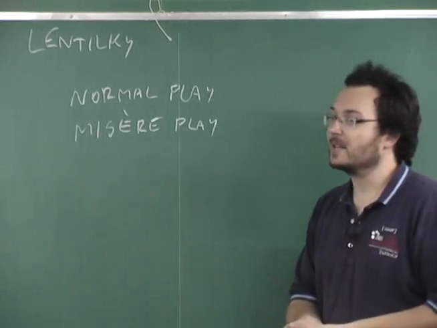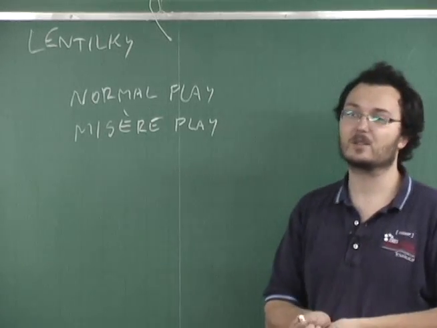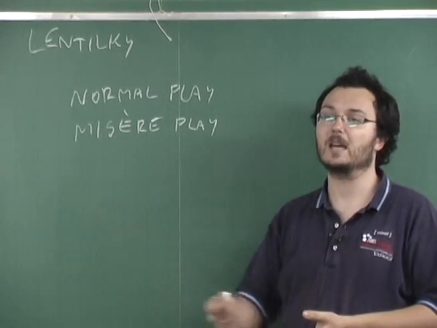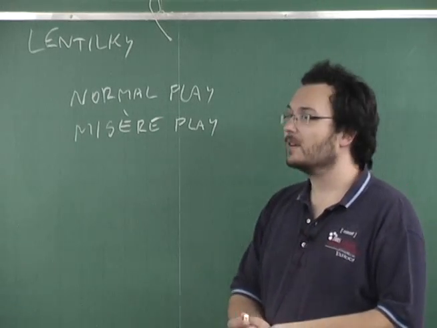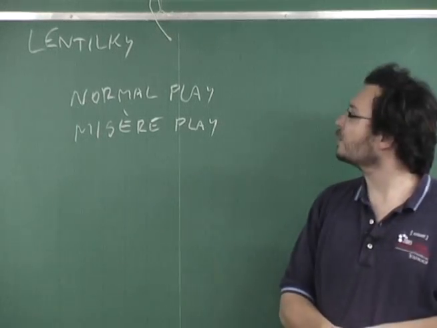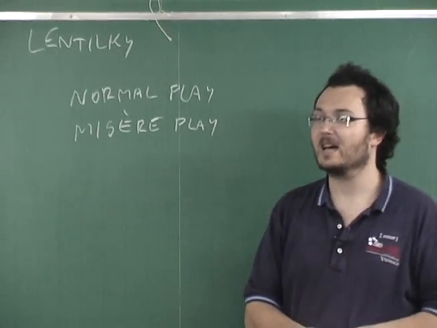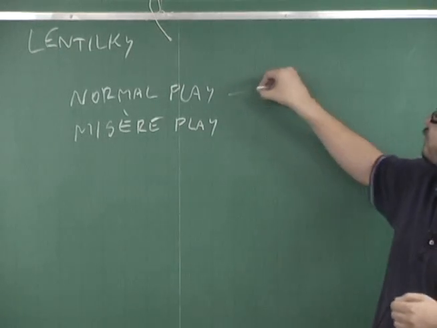And such games are notoriously hard to analyze. In many cases, the solutions to misère variants of games are not known until today. They are open problems. In this case, which was the simple game of NIM, the solutions for the normal play and the misère play are actually pretty similar. So we will start with the normal version.